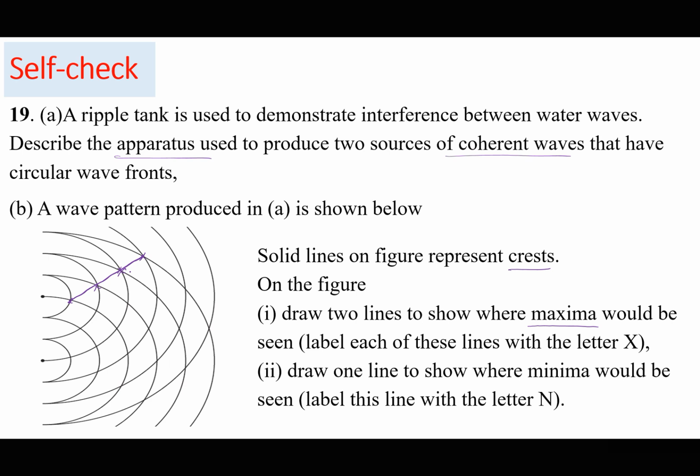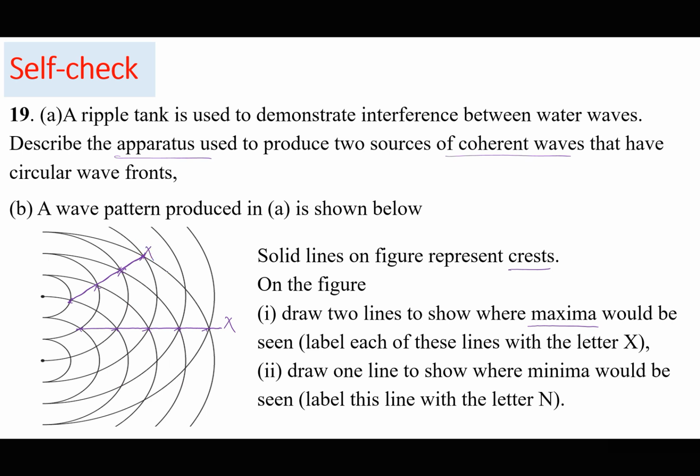Or you could choose another point. So for example, you have 1, 2, 3, 4, 5. These are maxima. I could draw a line here. That's where maxima form. Label this X.